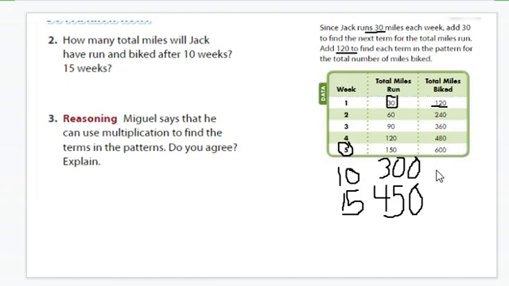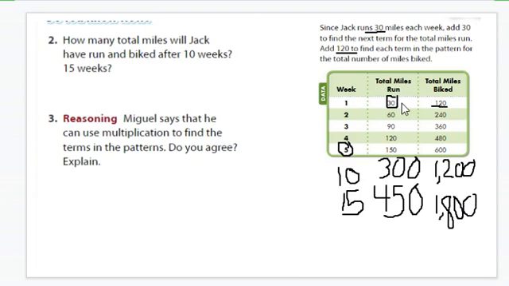So instead of extending this and continuing to add 120, we can just multiply 120 times week 10, which is going to give us 1,200. And then we will find 120 times 15 by using our turtle head method, which will give us 1,800. That is a lot of miles.